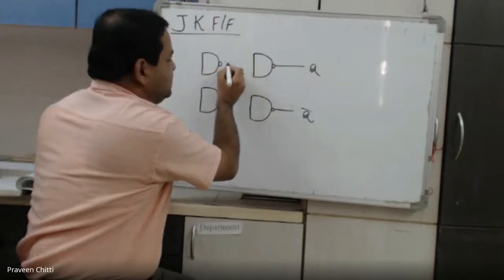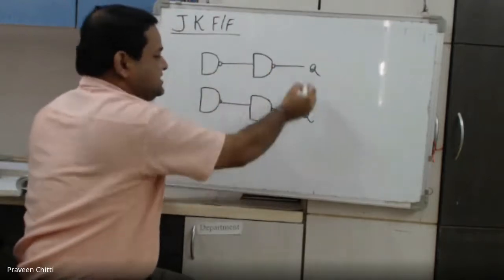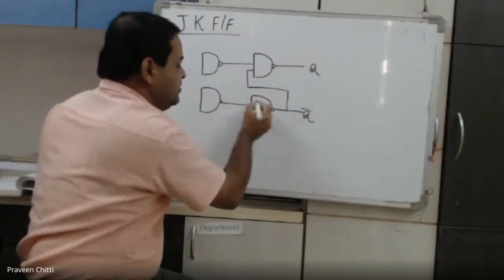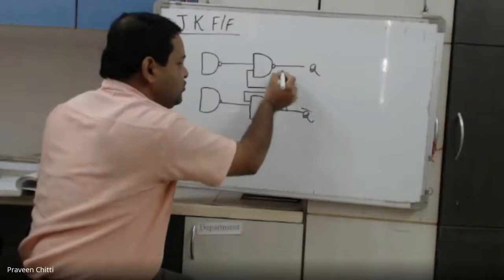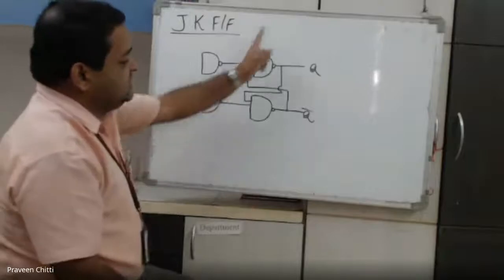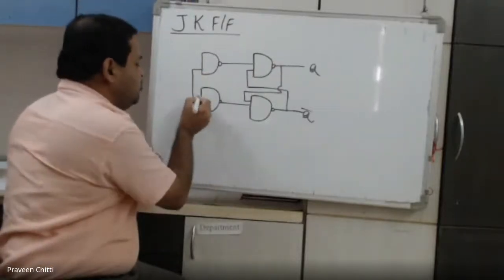So you know how it should be drawn. First is the SR latch using NAND gates, two cross-coupled NAND gates you have to draw. Right. This is a NAND latch. Now to this we'll add 2 more NAND gates.